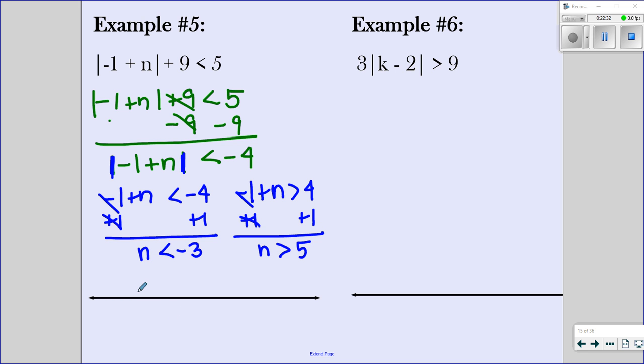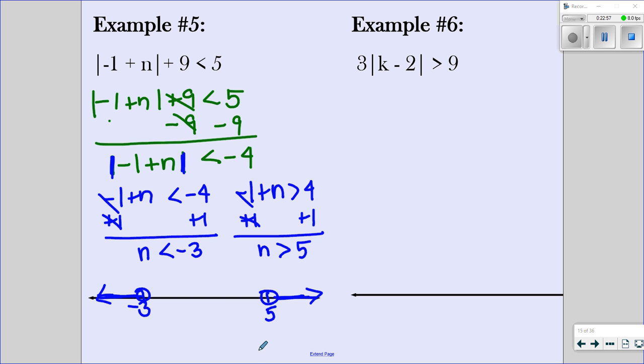So if we put our negative 3 here, we put our 5 here, both of the circles are open. This one is less than, so it's going to the left. And this one is going to the right because it's greater than.